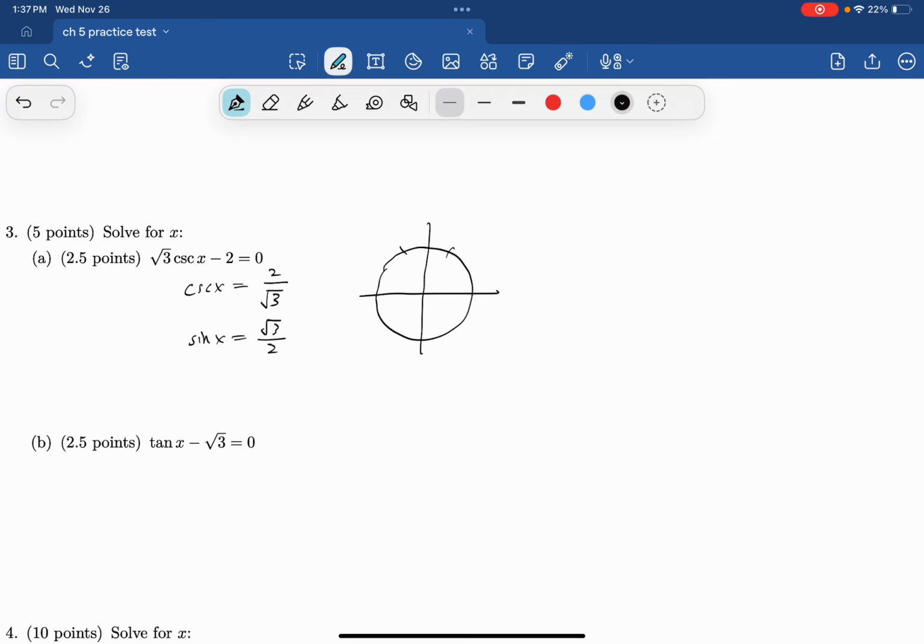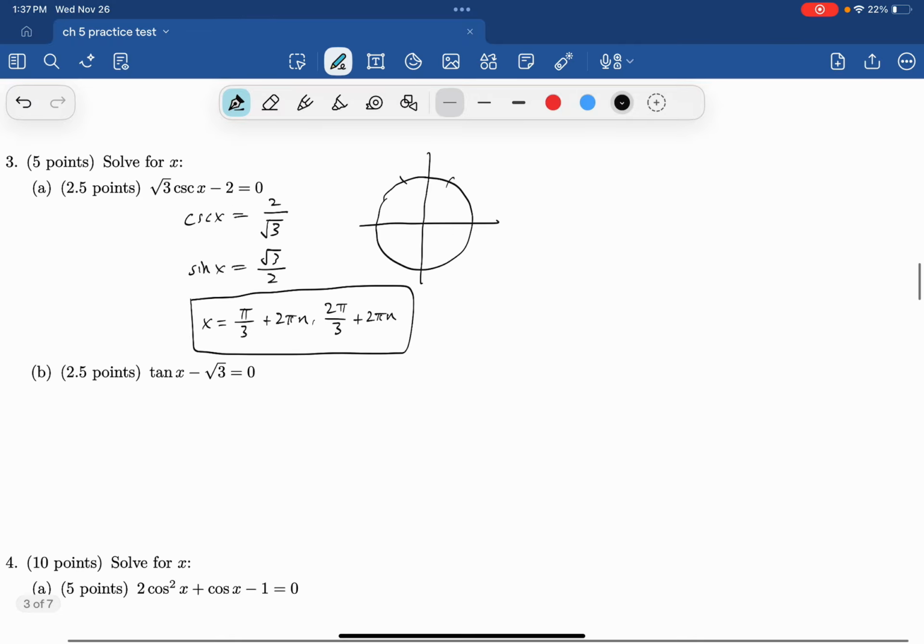That's here and here. So that means x equals pi over 3 plus 2 pi n and 2 pi over 3 plus 2 pi n. All right, remember we're adding 2 pi n because the period of the sine function is 2 pi. And so we want to account for those sets of infinite solutions.